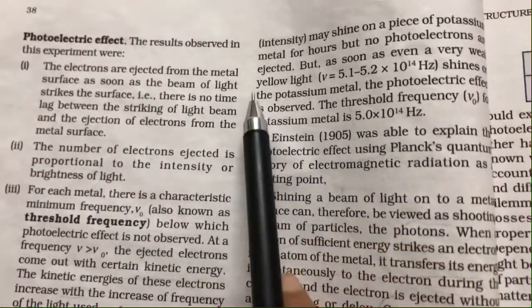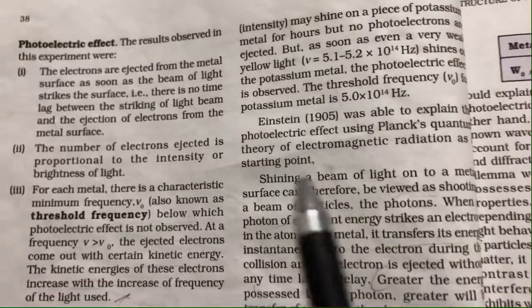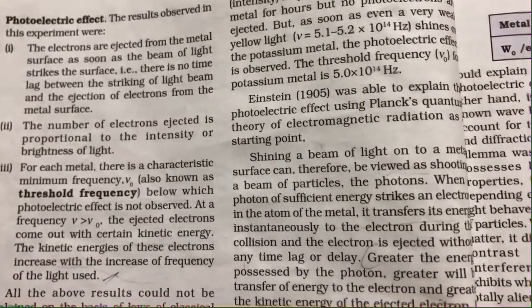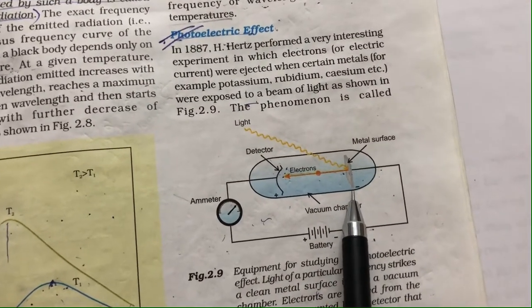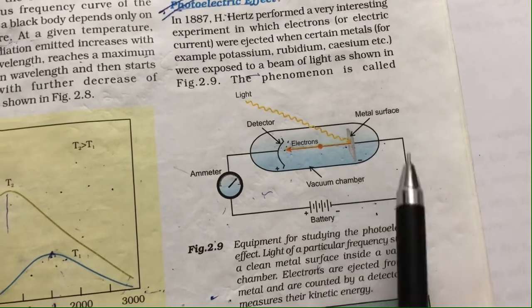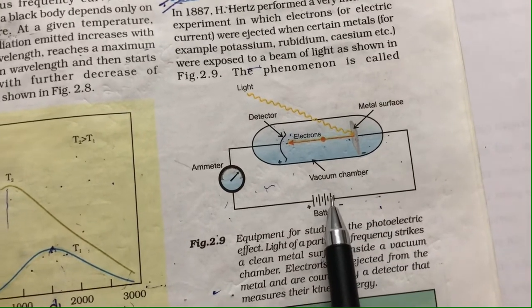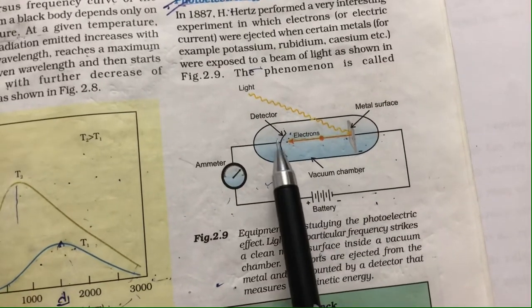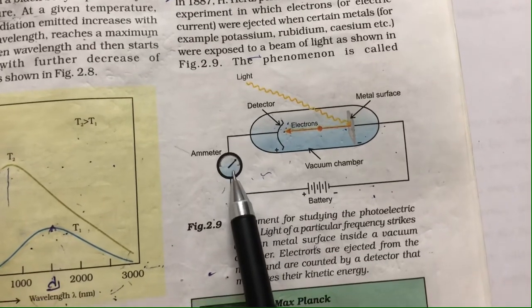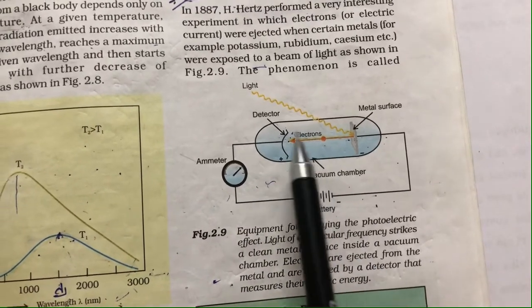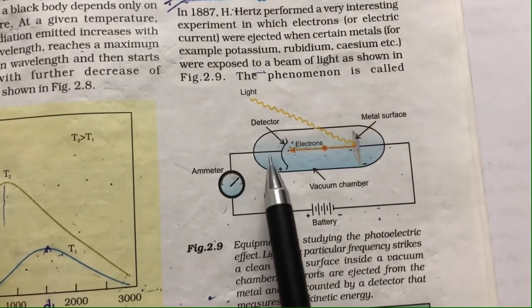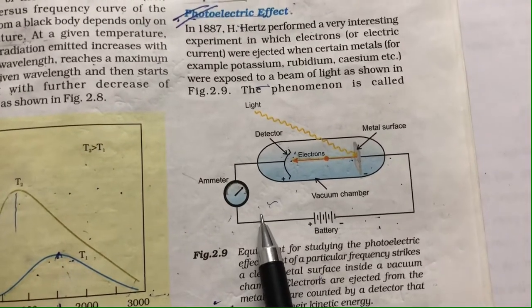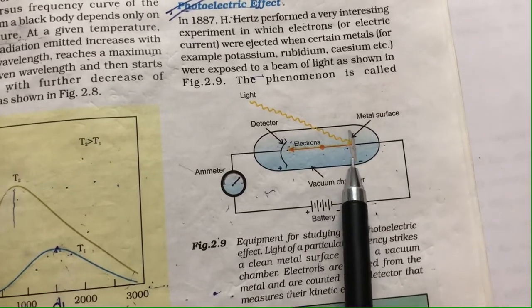in which, when we incident any ray of light on any metal surface which we have connected to an external source of electric current, it will emit electrons, which will be responsible for the deflection in the ammeter and showing that there is a flow of current in the circuit with the emission of the electrons.